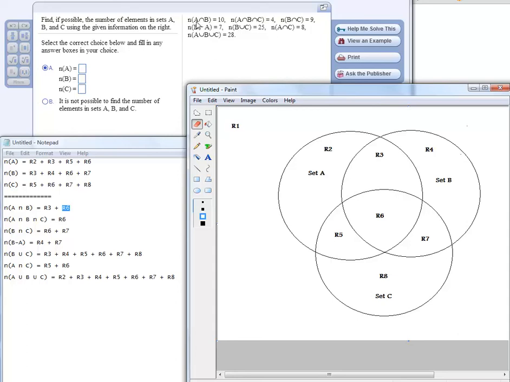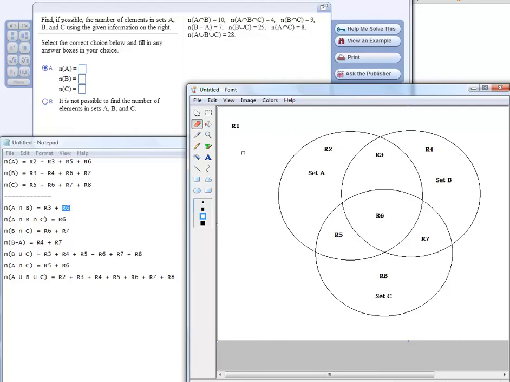So let's see, we have A intersection B. This upside down U symbol here is intersection. For a set A and a set B, we're looking for those elements that are contained in both A and B. Now, I've drawn all three sets here and labeled each of the regions. So R1 is a region that's outside of all of the sets.